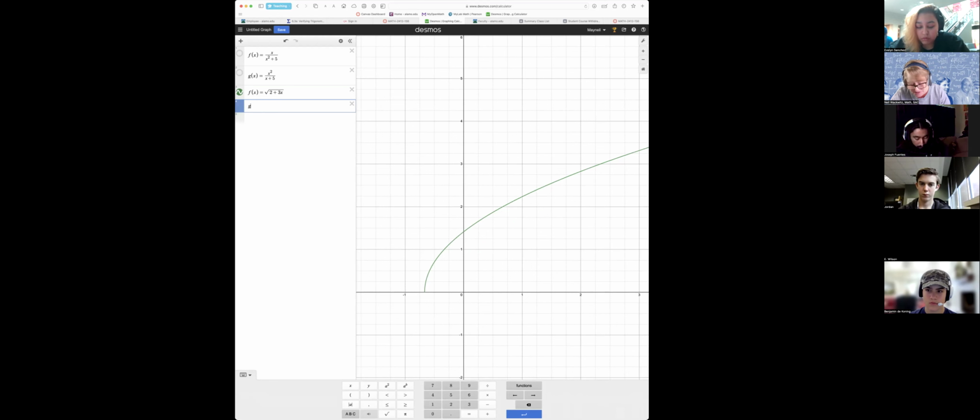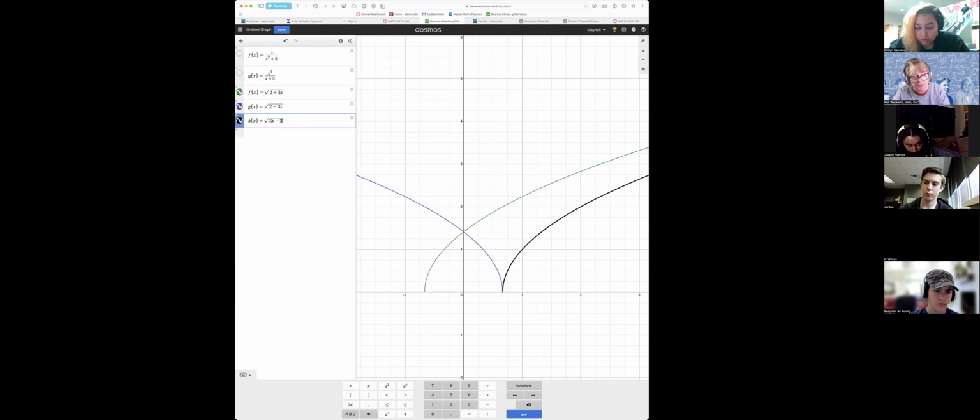Let's see what happens if we have, let's see, square root of 2 minus 3x. That's kind of interesting. And what if we switch the order? What if we had h of x is the square root of 3x minus 2?